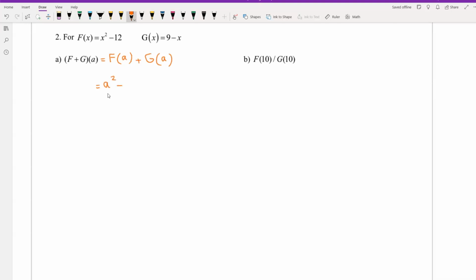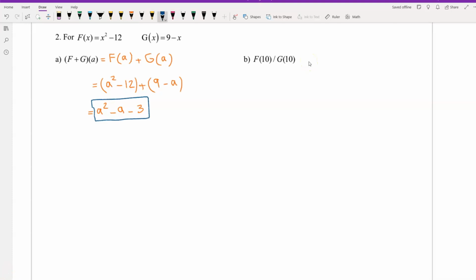We have a squared minus 12 plus 9 minus a. Combine like terms, we have a squared minus a. Negative 12 plus 9 is negative 3. So the answer for this part is a squared minus a minus 3.